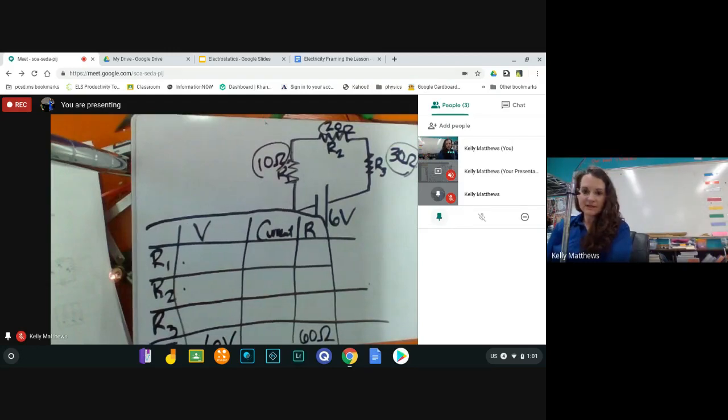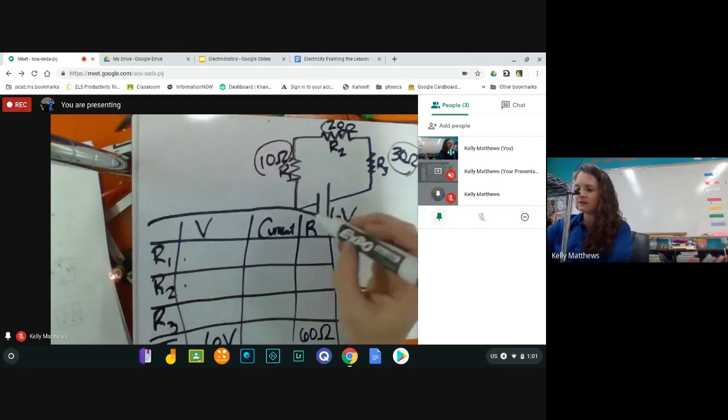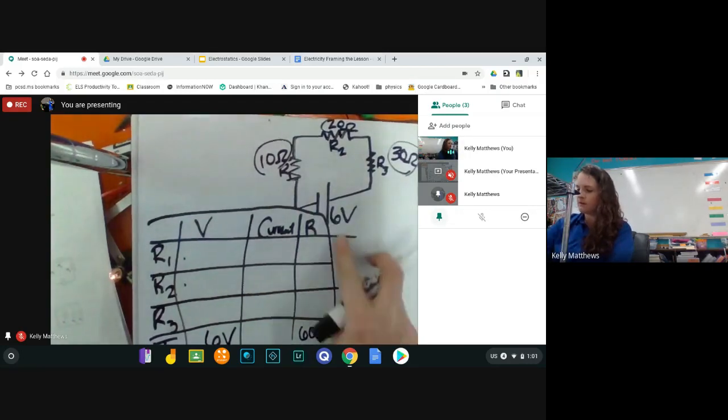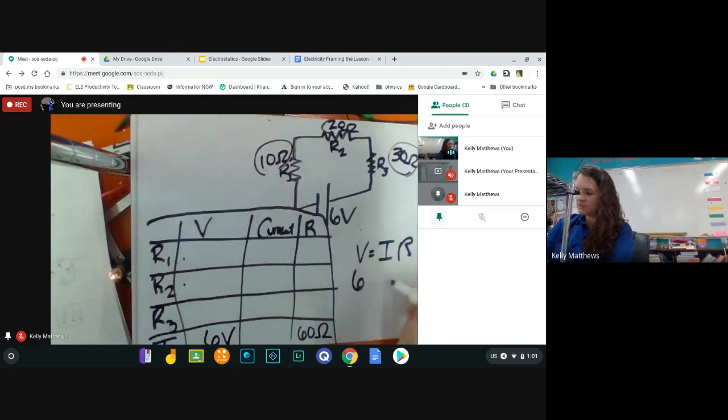Well, what we just did was use the total resistance and the total voltage to find the total current. And so we can do that with Ohm's law. Since V equals IR, and we know that the total voltage is 6, and we're looking for the current, then we're going to solve for current and find that it's 0.1 amps.